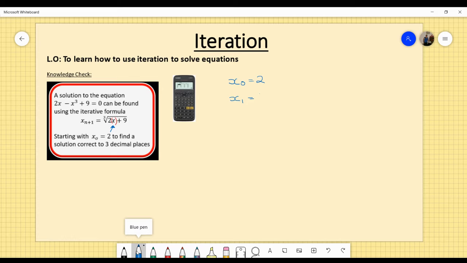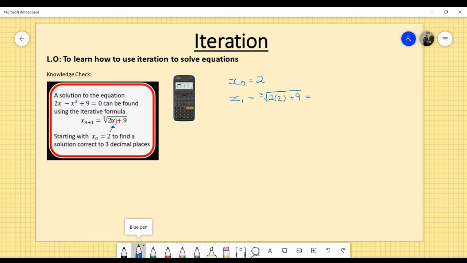And to do that, you're going to press the cube root button on your calculator. So remember that is the Shift square root. You're then going to have 2 brackets, and then this 2 we're going to pop inside the bracket, add 9. All of that needs to be within the square root, and when you hit the equals button, you'll end up with a really long decimal.